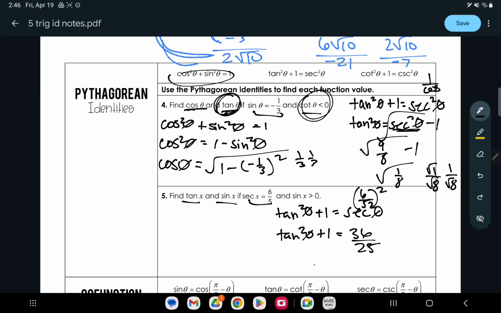And then I can subtract 1, take the square root. Let's see, instead of 1, I'll say 25 over 25. So 11 over 25. So square root that, square root 11 over 5 for tangent.